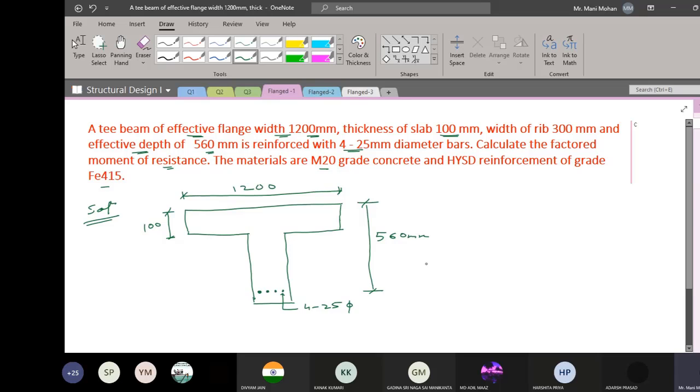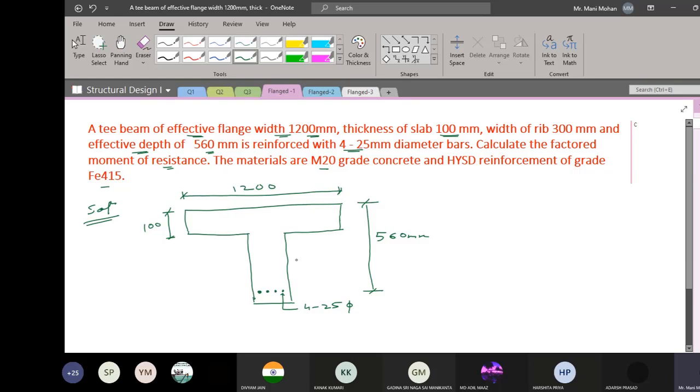Right. Now, in order to compute the moment of resistance, I need to know the location of neutral axis. Okay. And you know by now that you can have 2 possible positions of the neutral axis. In one case, it may lie within the flange, and in the other case, it may lie on the web.